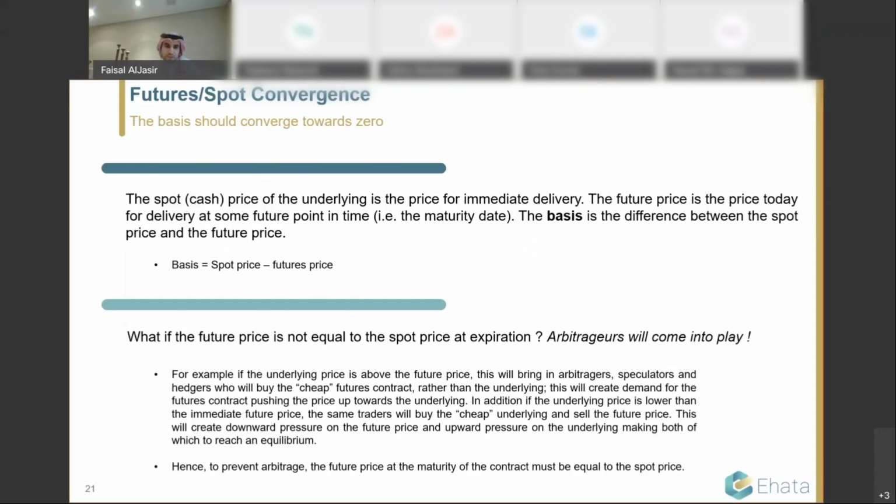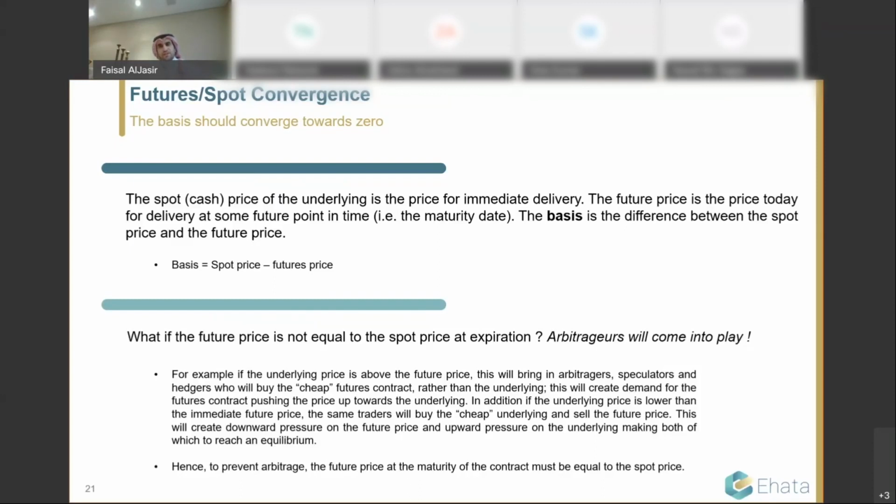One important concept I would like to shed some light on is the importance of understanding the relationship between spot and futures. The basis should converge towards zero.